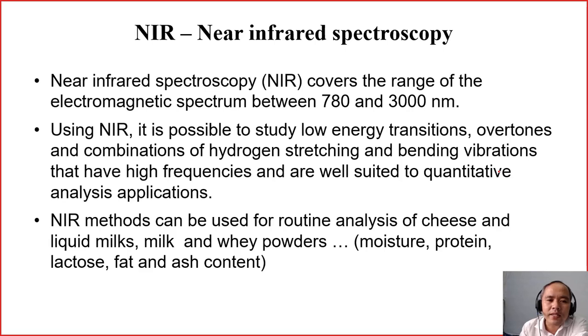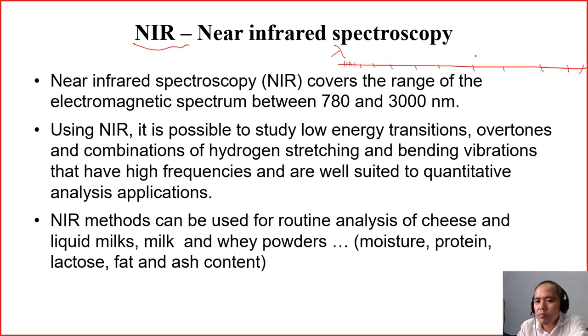Okay, and then the last physical property that we discuss is near infrared spectroscopy, NIR. This is the spectrum of radiation. The range in wavelength can be from very small to very large, a large range of radiation.